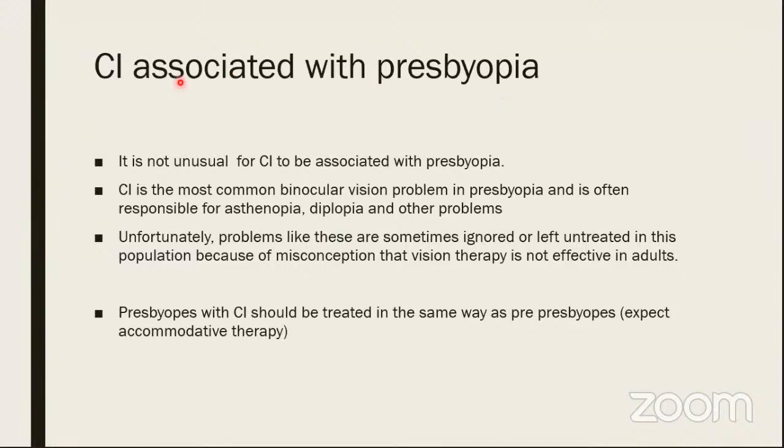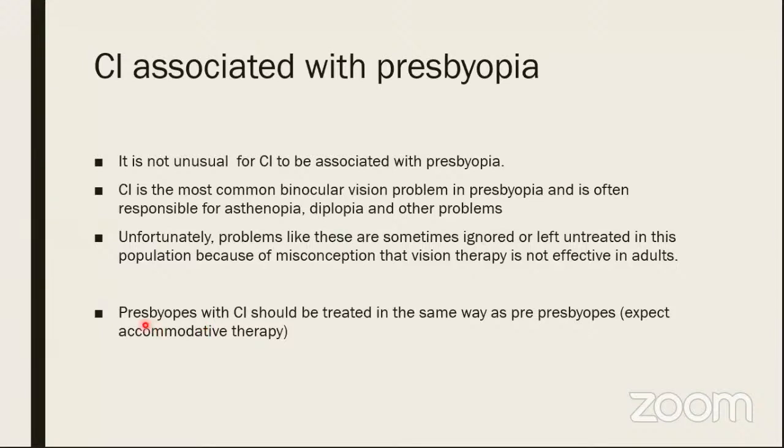Most of the time, we find convergence insufficiency in presbyopic patients. CI is actually the most common binocular vision problem in presbyopia and is often responsible for asthenopia. Unfortunately, it is ignored and left untreated in this population because of the misconception that VT is not effective in adults.